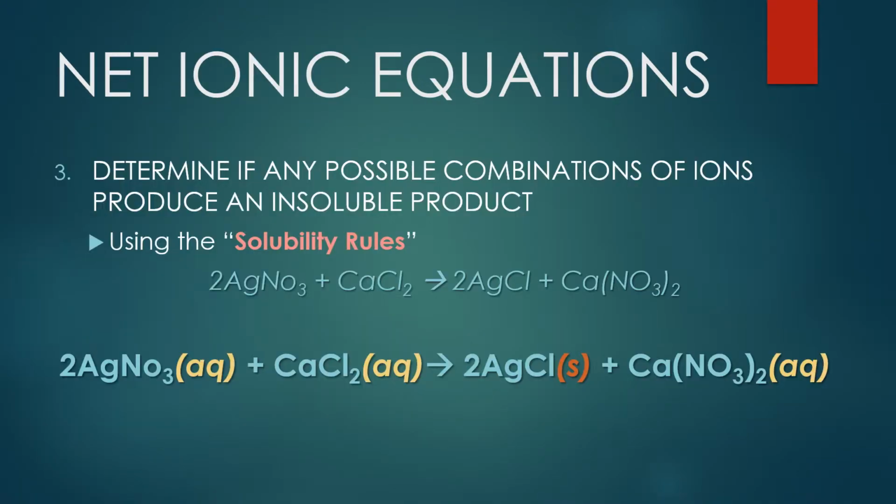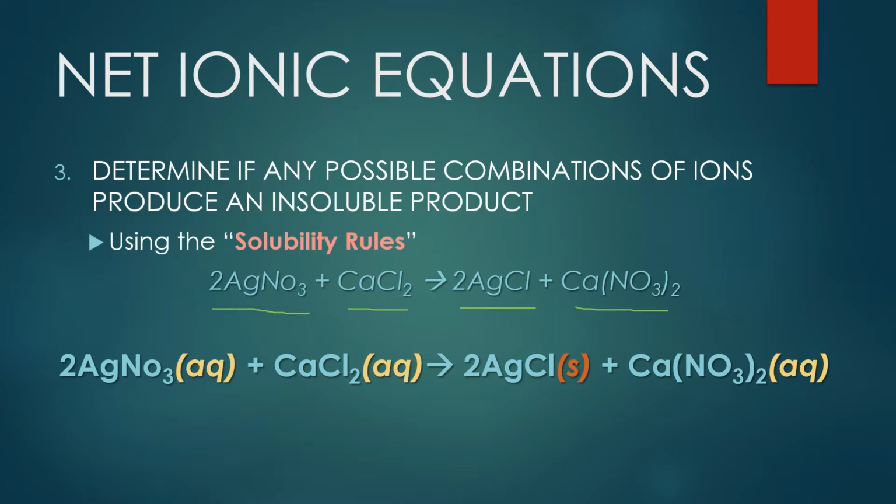Now that we know what the chart is for the solubility rules, we're going to look at our equation here, and we're going to write after each compound whether or not it is soluble. If it's soluble, you write aqueous, and if it's insoluble, you write solid. So here we have this written out.